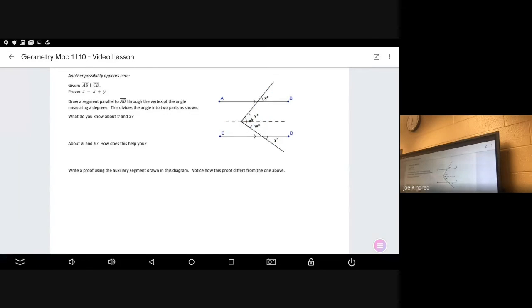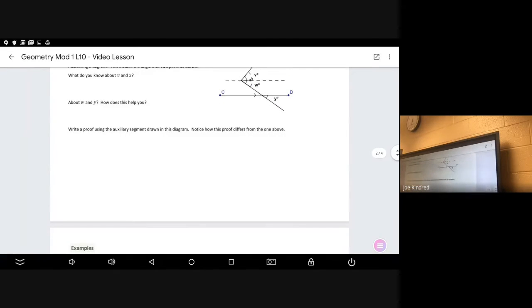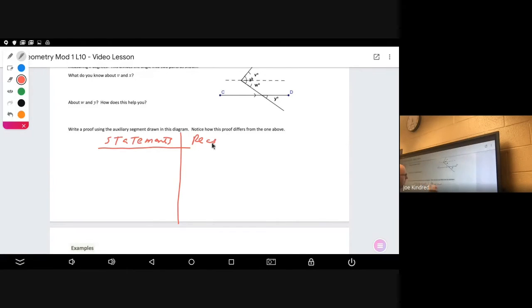So I'm going to back out of this. I'm going to go up here, and here's the proof. This one we'll do together. So obviously we're going to do the given, and CD. Forget my letters, and that's given. Okay, so that's given.